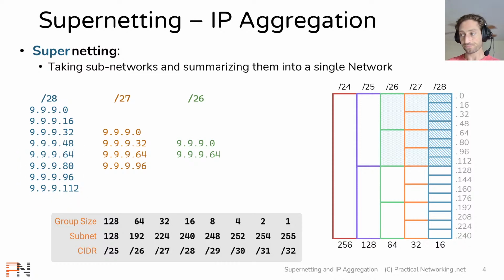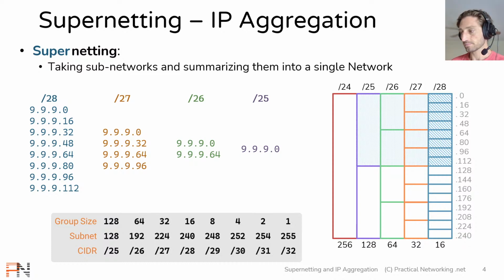But we can actually go a step further. I can summarize them all into a single /25. This /25, 9.9.9.0/25, includes all of this IP space, which is going to include all 8 of the /28s that I'm trying to summarize.